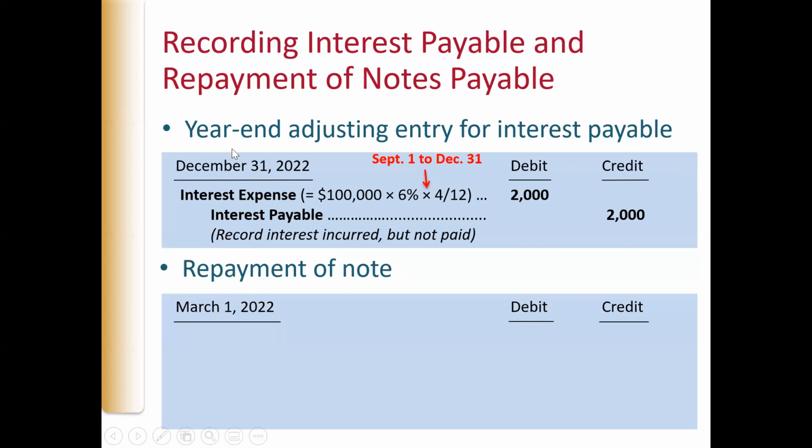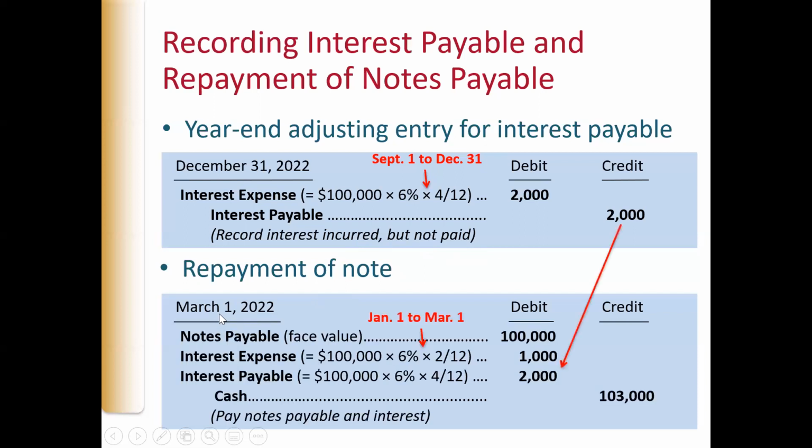This is at the end of the year where we report the interest that has been incurred but not been paid yet. It's not going to get paid until March 1st. So when we finally repay the note, we're going to debit our notes payable. Then we're going to debit our interest expense, and that interest expense is for the 2 months of 2023.